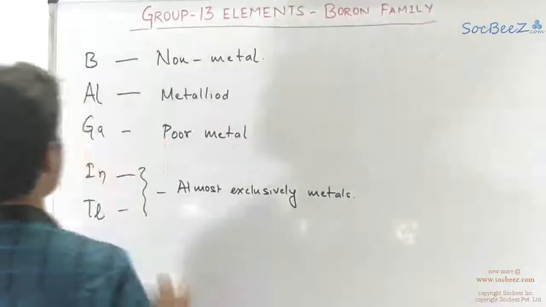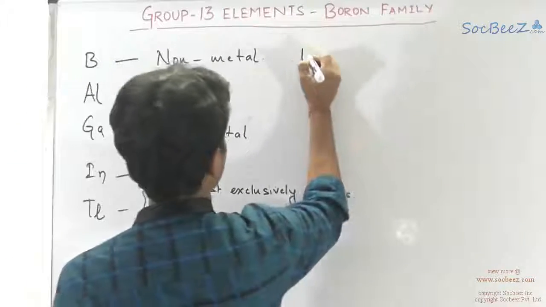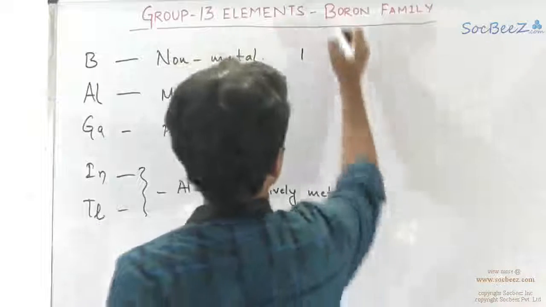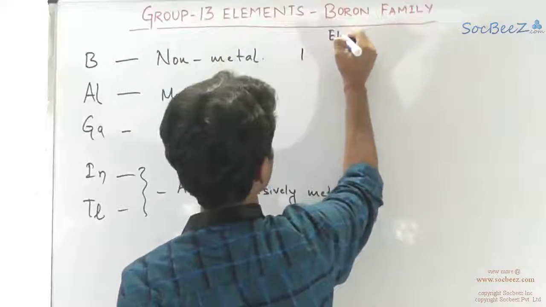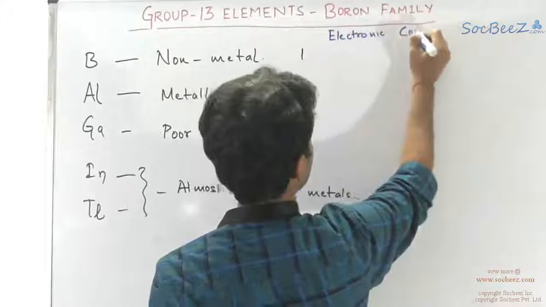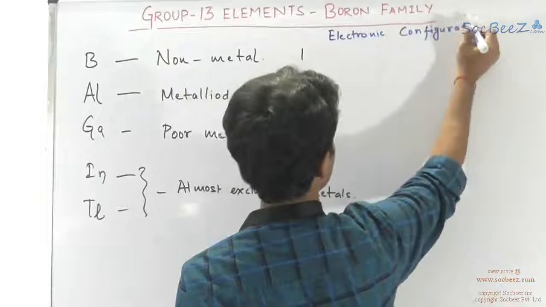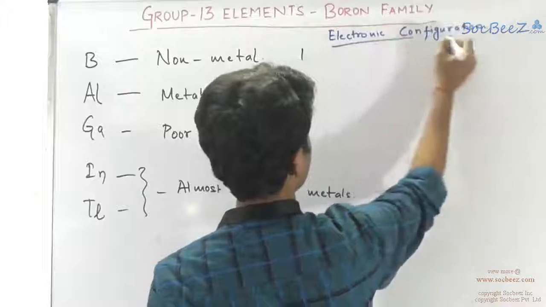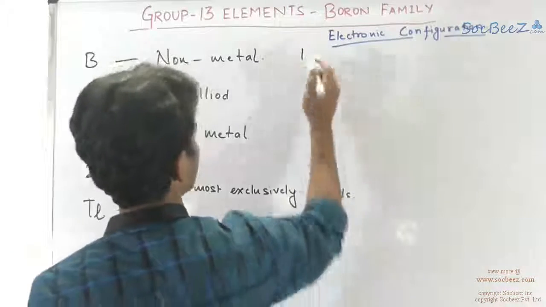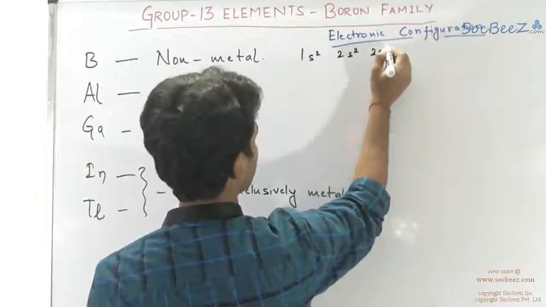Now the electronic configuration for boron is, the electronic configuration I will write over here. The electronic configuration for boron is 1s2, 2s2, 2p1.